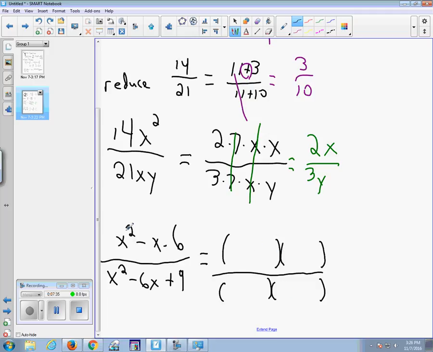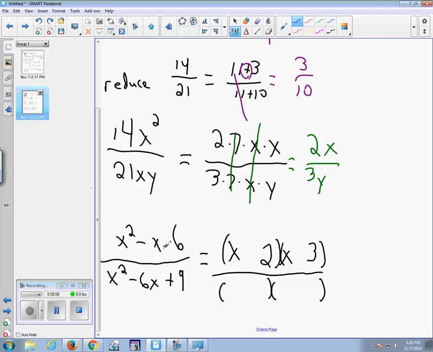So let's review our factoring. X squared, that's going to be x times x. Negative 6, that could be 1 and 6. That gives me 6x and 1x. That's not going to work. Let's try again. How about 2 and 3? 2x and 3x. That sounds good, right?